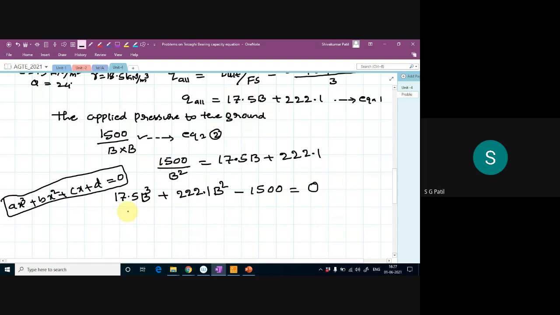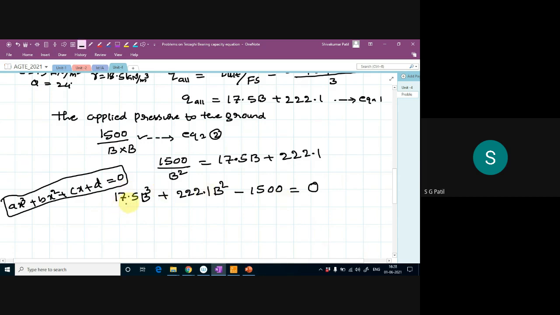If you can solve this cubic equation, you can solve it with your calculator. If you have the fx-991 calculator, go to the equation mode, and there you will get the degree option. In that, choose a third degree equation.